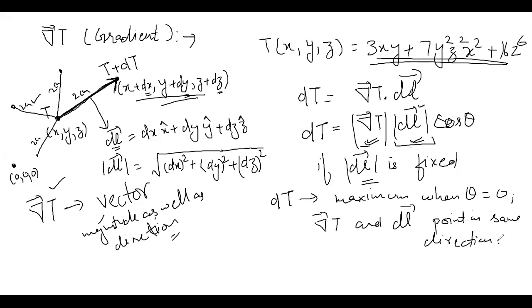So when they point in the same direction, your dt is maximum. This is what we are saying. So this basically then means that your gradient points in the direction of maximum increase.